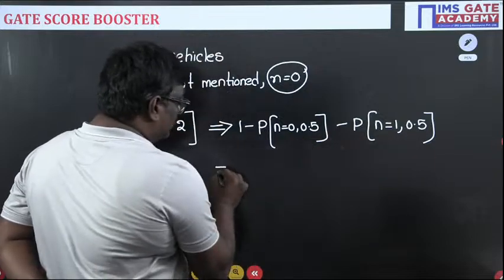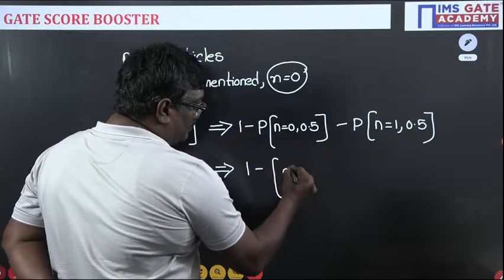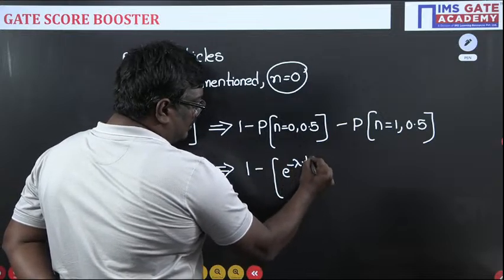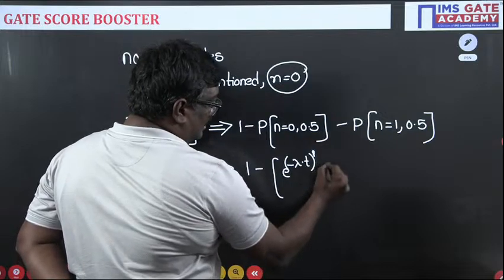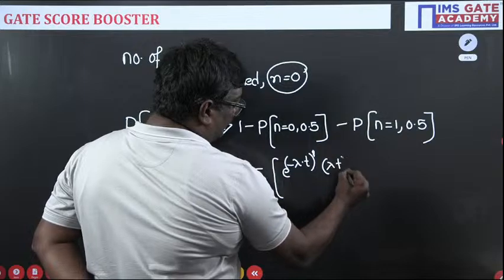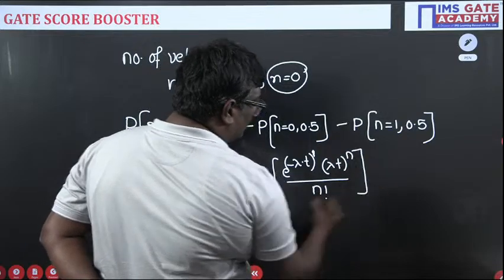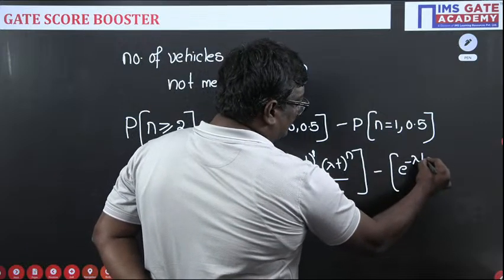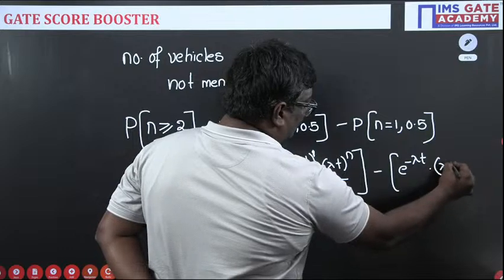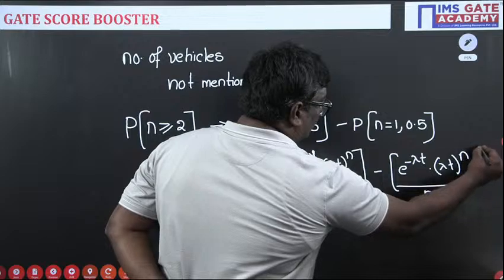So here you can write 1 minus e power minus lambda t into lambda t power n upon n factorial, minus e power minus lambda t into lambda t power n upon n factorial.